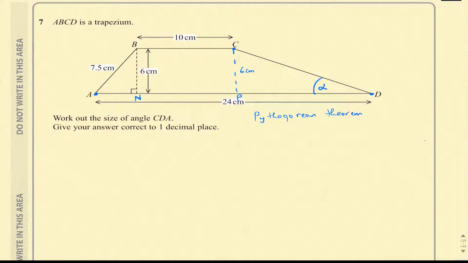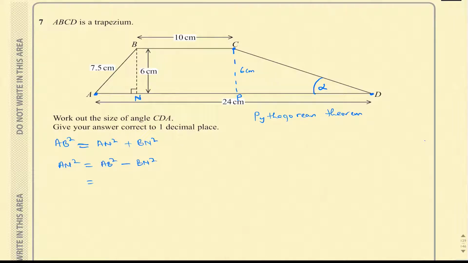I can find AB squared equals AN squared plus BN squared. And therefore AN squared equals AB squared minus BN squared.